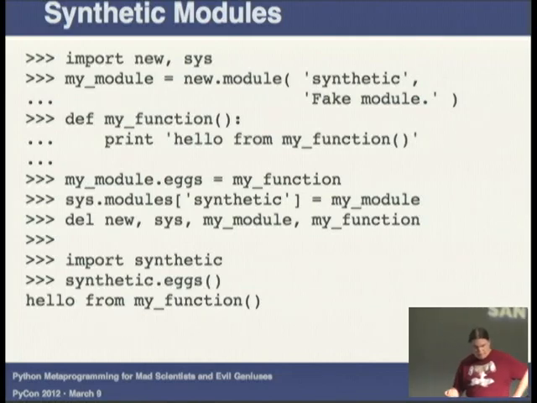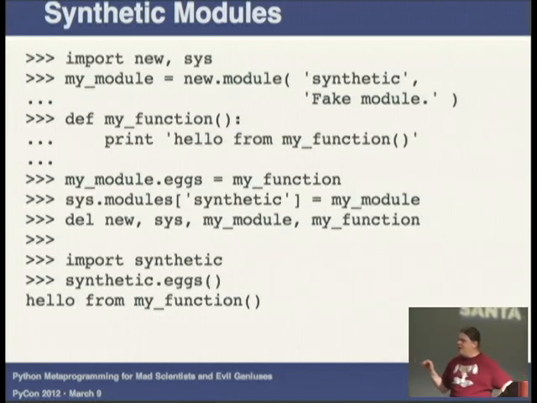You can create a module, if you really want to, and so Python provides this machinery, new, and you can go new.module and do all this stuff, and just throw stuff in there. But you have to insert the module into sys.modules yourself.